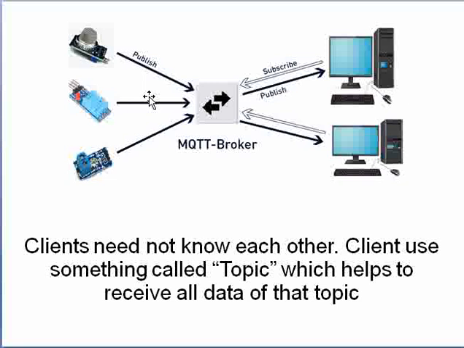When the publisher sends the data, it sends the data for a specific topic, and the subscribers subscribe to the topic. So that means the topic is the crucial thing which acts as a sync between the publisher and the subscriber. Very virtual, but that's how MQTT works.